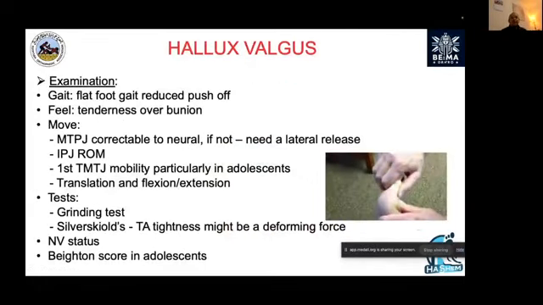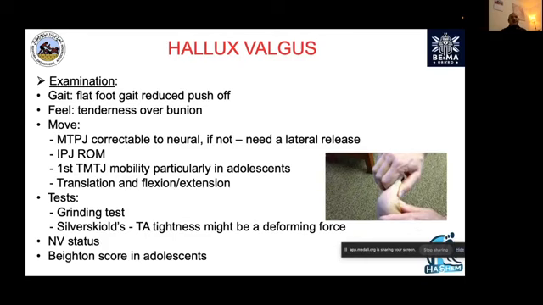So how do you examine? You have to see the patient again, same protocol. The patient is standing, walking, then from the back, then from the side, then from the front. When you look at the gait, it is very common to have associated flat foot with hallux valgus.